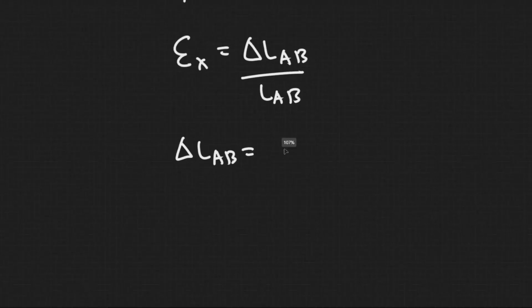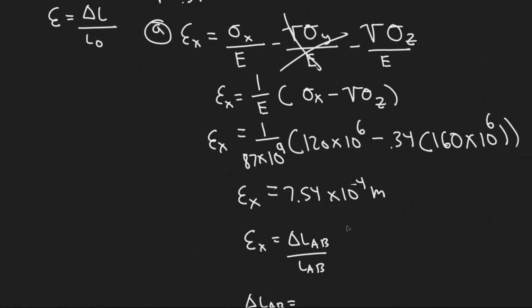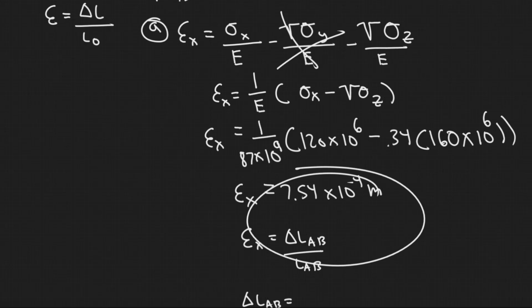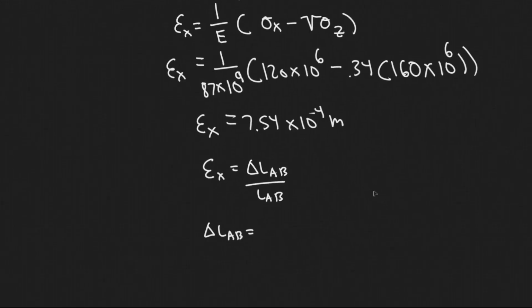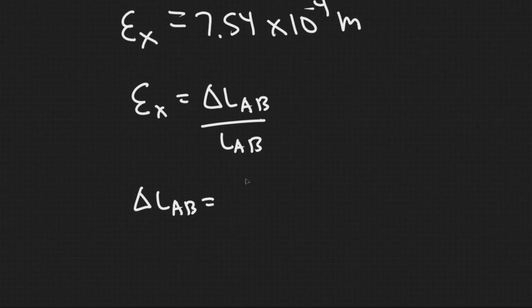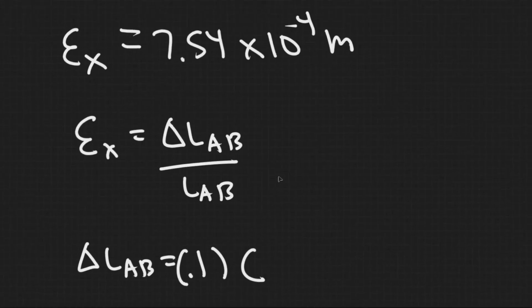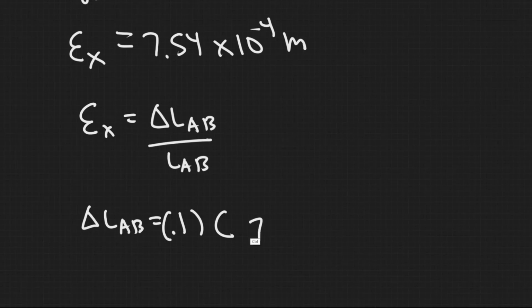So the initial length was 100 millimeters, which we want in meters since this value right here is in meters. So 100 millimeters to meters, you should know that conversion is just 0.1. So 0.1, and then you're going to multiply that value by 7.54 times 10 to the minus 4.